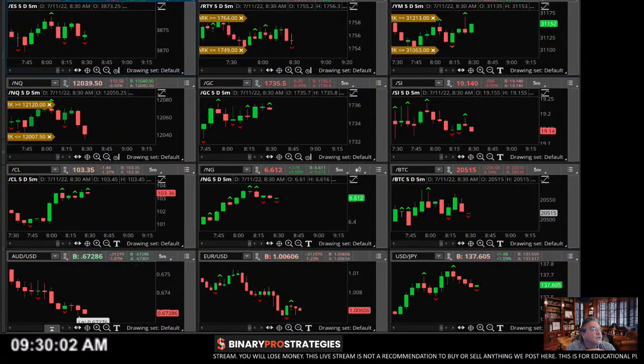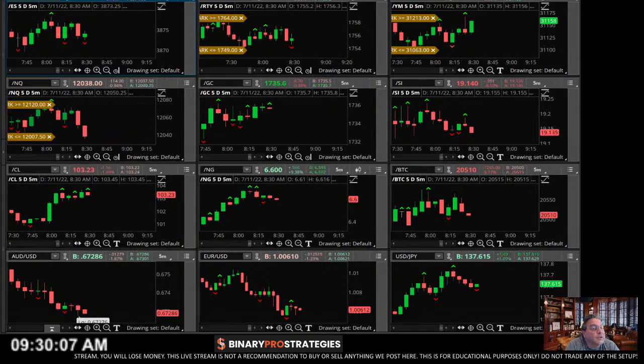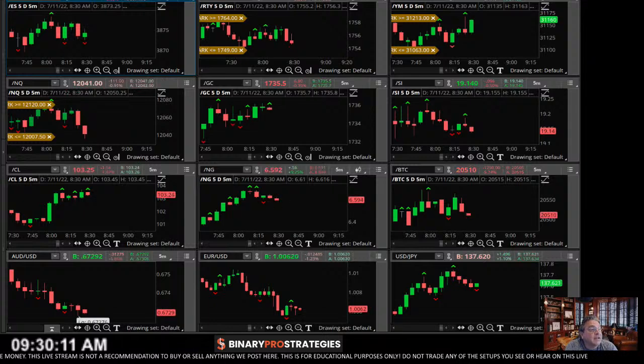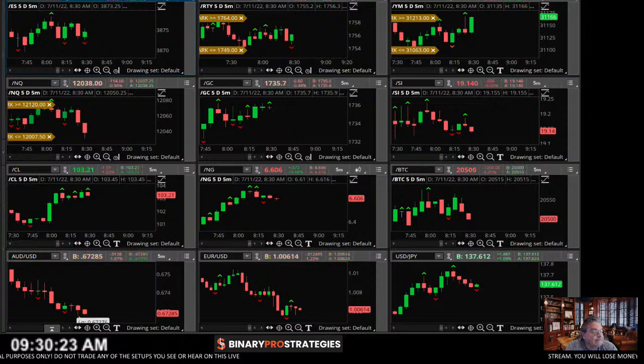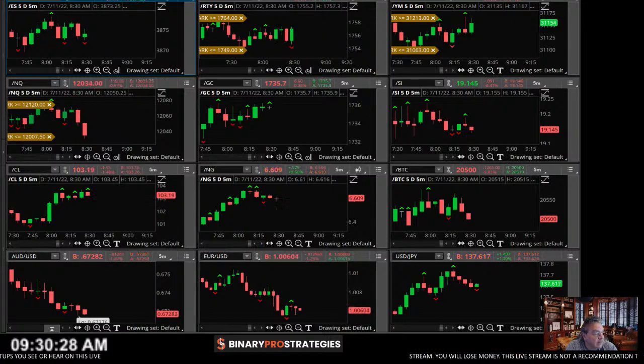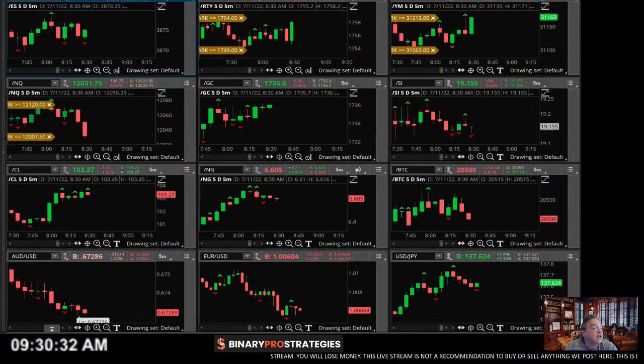Dow's down 162. Not too bad considering what the market has been doing. That used to be a pretty big opening. Now it's just like it's nothing. All right, let's see what that's going to do initially for these indices. Still not seeing any new setups for crude or natural gas. Seeing nothing on the currencies.